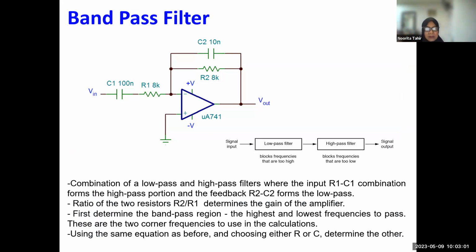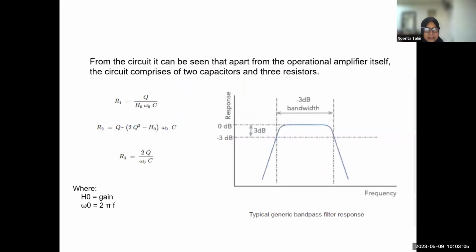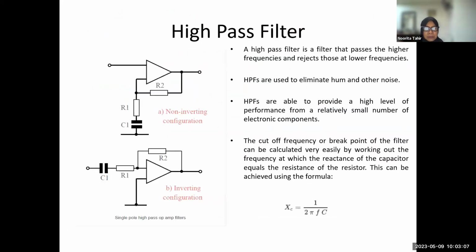By right, I should teach you high pass filter first. So I'm going to high pass filter first, then we go to band pass filter. This is high pass filter. If low pass filter allows low frequency to go through and rejects high frequency, high pass filter will do the opposite. It allows higher frequency to go through and rejects lower frequencies.